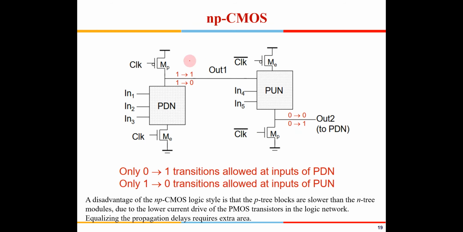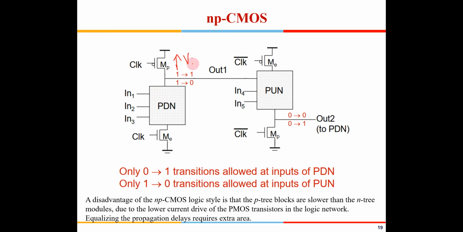Okay. Now you can also have an np-CMOS logic. Okay, here what you see is, you are implementing one function with a pull down network, and here this is a pull up network. Okay, and during the pre-charge period, this is pre-charged to VDD, right?